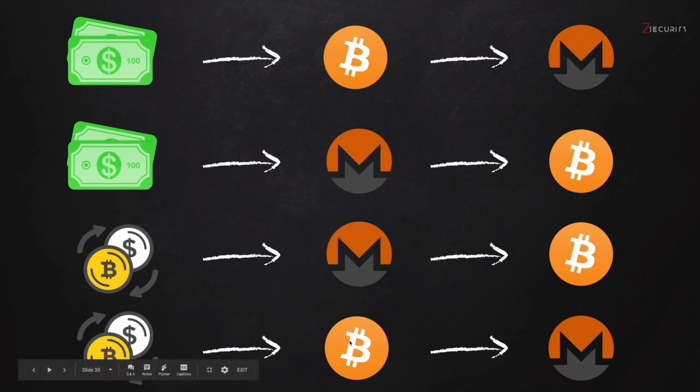But once you convert that Bitcoin into Monero, the link is broken and this wallet right here will be very private and will not be linked to your identity. All of this is possible thanks to exchange services that allow us to exchange one cryptocurrency to another, and the anonymity is possible because of the way Monero is implemented, because of the way it uses ring signatures and stealth addresses.